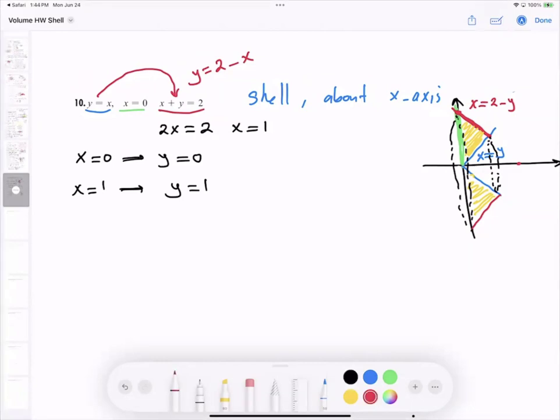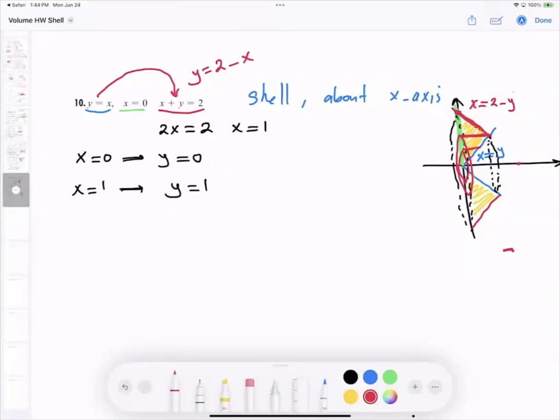So a typical cylindrical shell is going to behave like this. Here you have the base of the shell, and then this guy is moving away from this, and then you take another shell down here. From your x values, this is your maximum x value, then it goes down to this x value, which is equal to y.